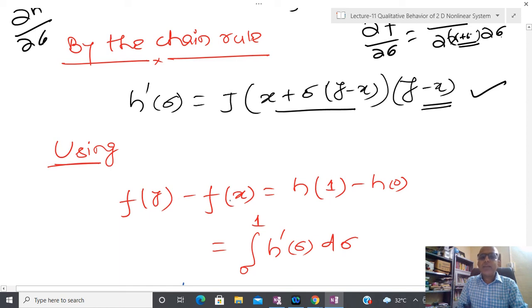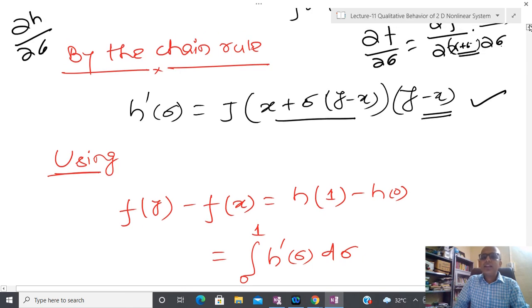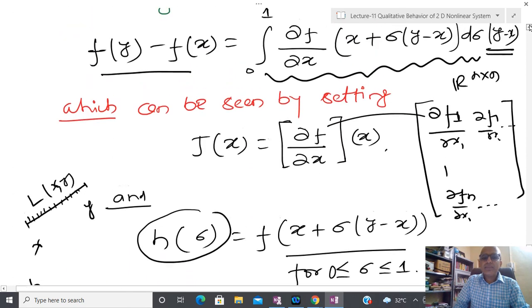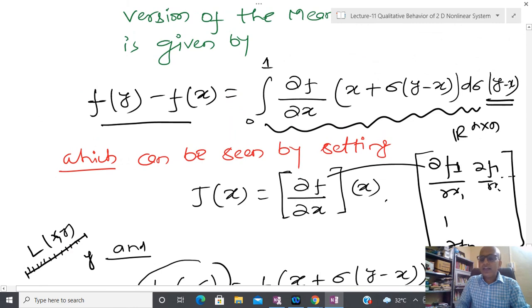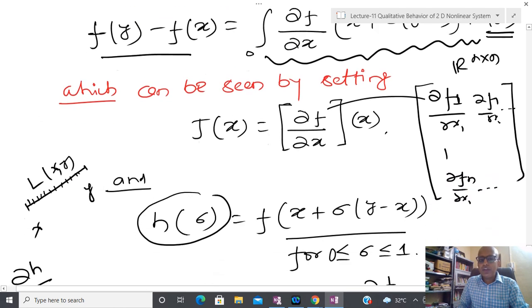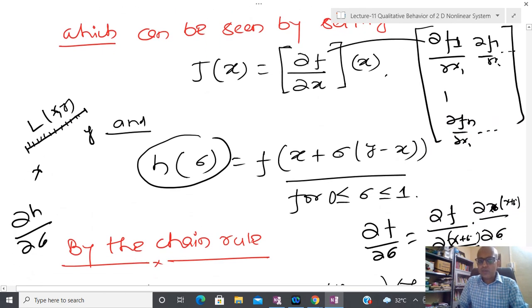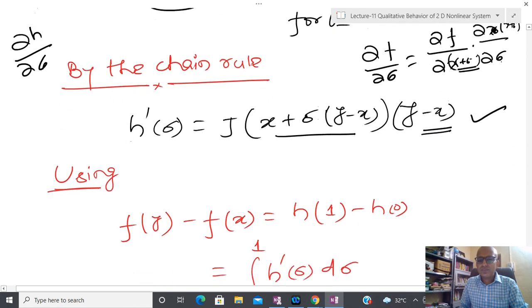So again f(y) − f(x), and you can see that if I substitute h(1), I generate f(y), and h(0) generates f(x). I have already discussed this point: if σ equals 0, then I am at f(x), and if σ equals 1, then I am at f(y). So I am able to write it like this also.